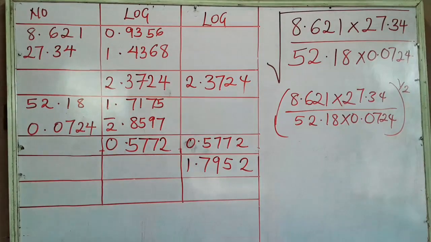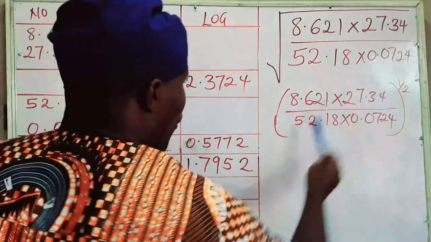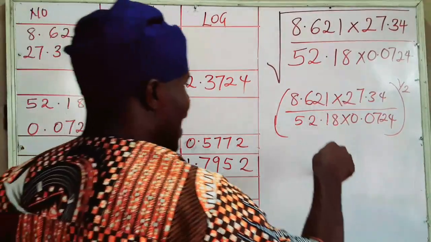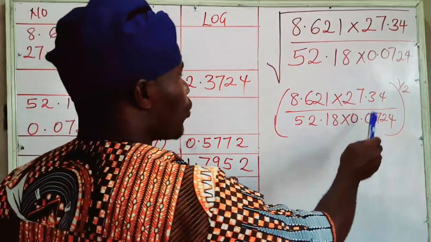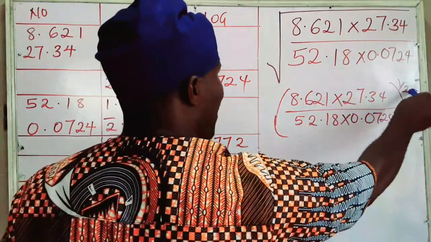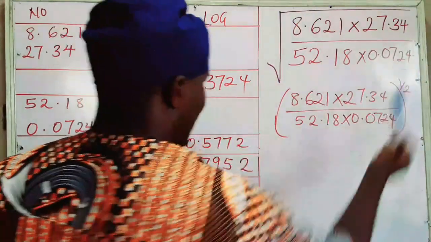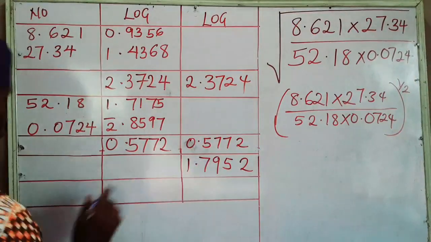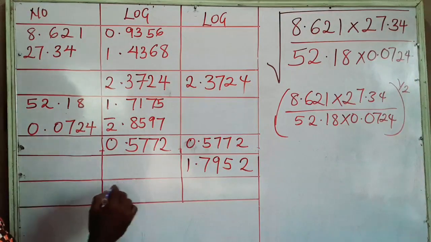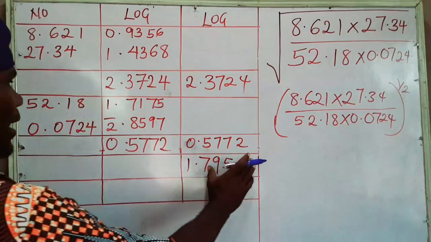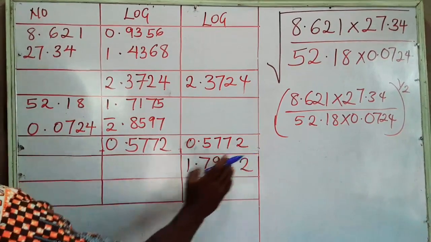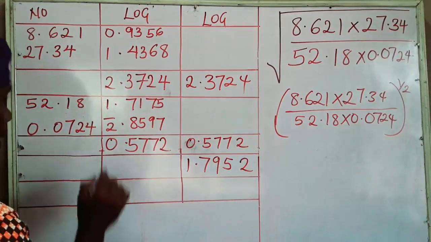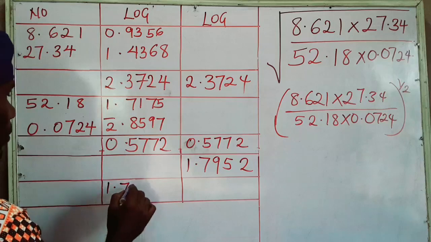As I said earlier, 8.621 times 27.34 divided by 52.18 times 0.0724, all raised to power half. The square root means half. Now, what do you want to do with this half? You will write it in this form. We have the value 1.7952.